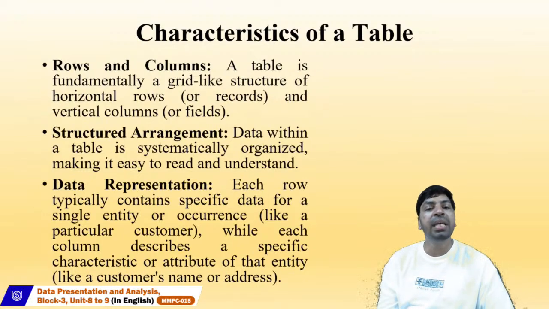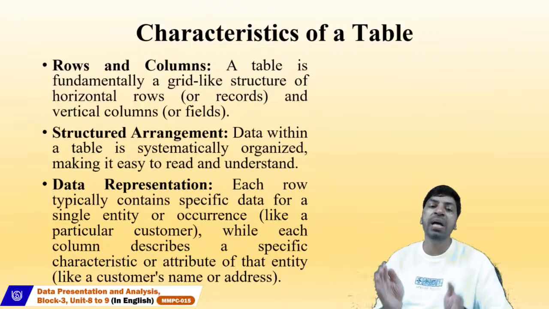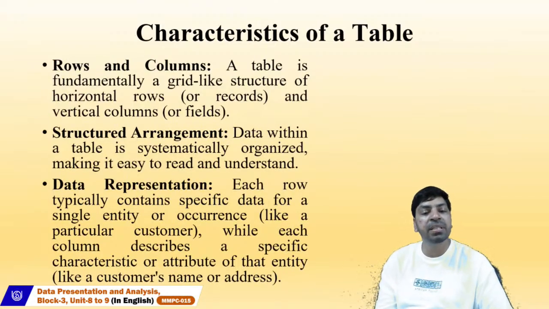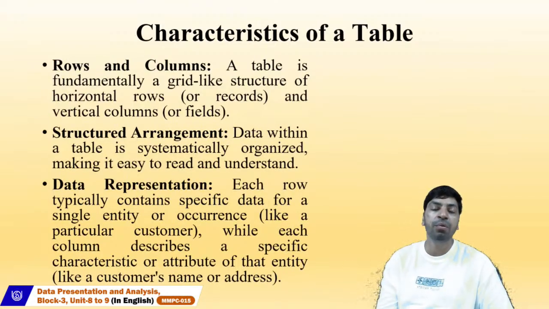Data interpretation: each row typically contains specific data for a single entity or occurrence, like a particular customer, while each column describes a specific characteristic or attribute of that entity. So this is how the data in a table is represented in a more structured way.